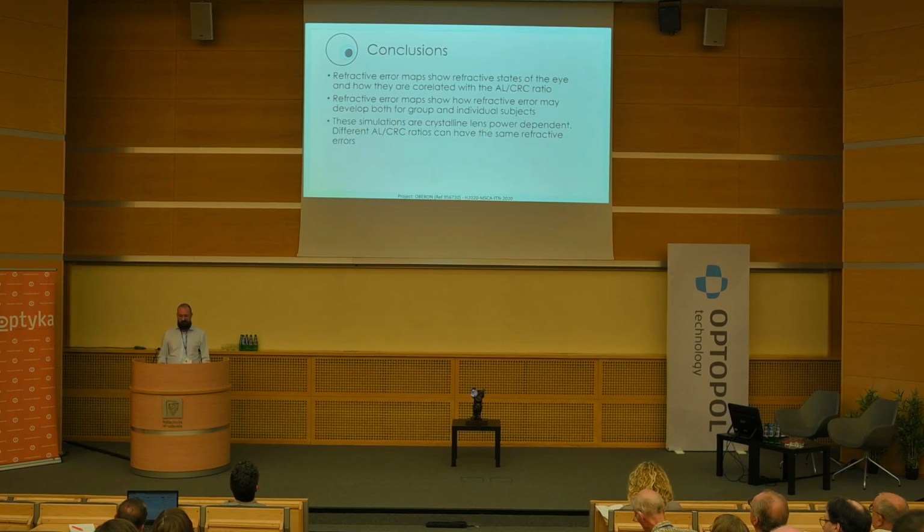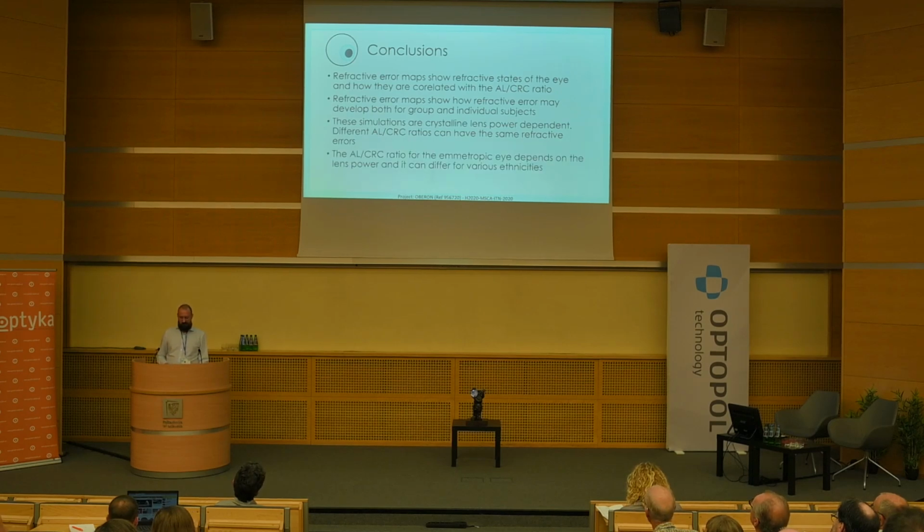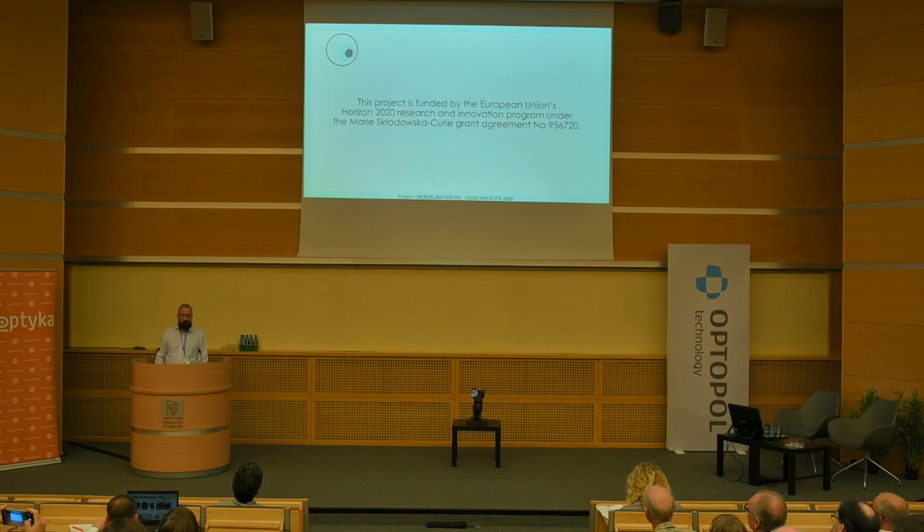They are crystalline lens power dependent, and different ratios could have the same refractive state. And the emmetropic state depends on the power, and can differ for various ethnicities. And thank you for your attention.